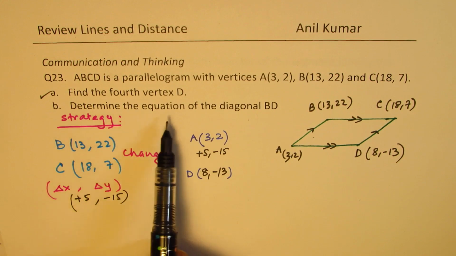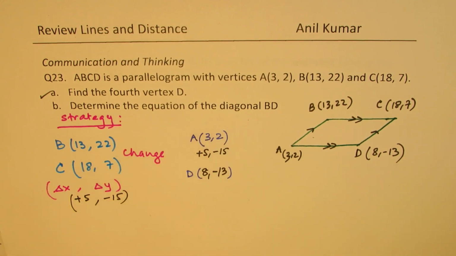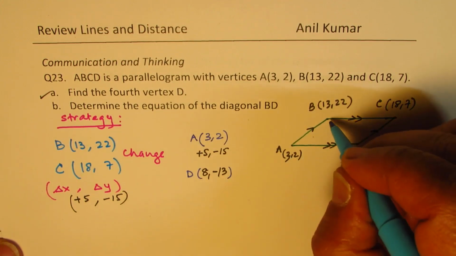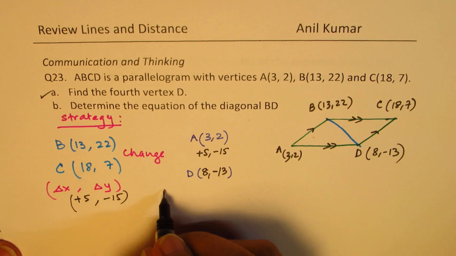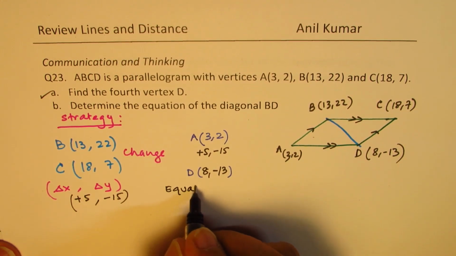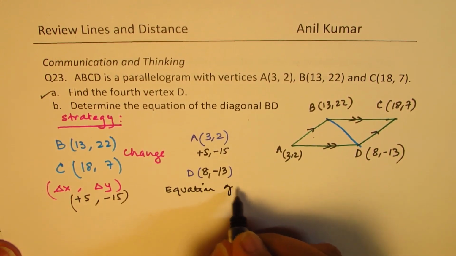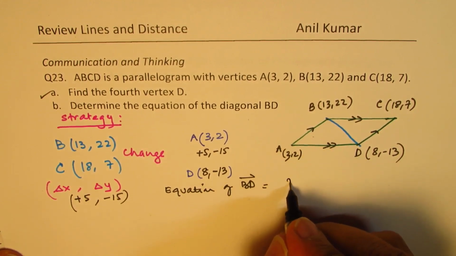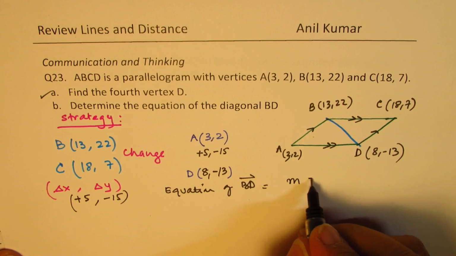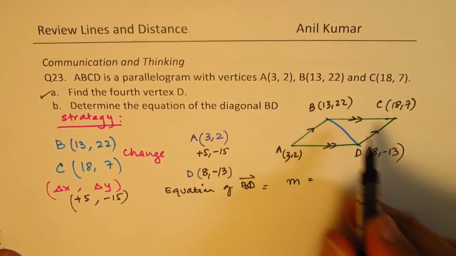Now, determine the equation of the diagonal BD. So that's the second part we'll do now. So that means the equation of a line through 2 points. So let's find the equation of BD, right? So that line. So in this case, the slope m is equal to y2 minus y1 over x2 minus x1.